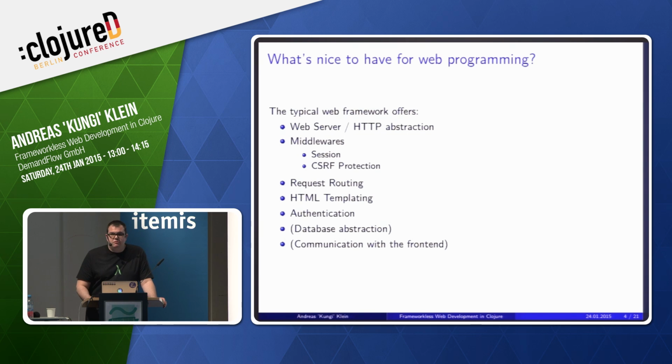Sometimes we want some kind of HTML templating or JSON templating or XML templating, if you're into that kind of stuff. We want some kind of authentication and database abstraction and communication with the front end. I put those in braces because I'm not covering them, but we also want some way to communicate with our front end, like, for example, to render JSON and put it into the front end, or, which is preferable in Clojure, to use EDN, which is just JSON but better.